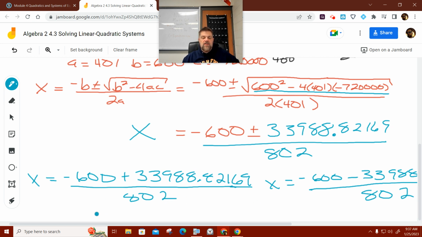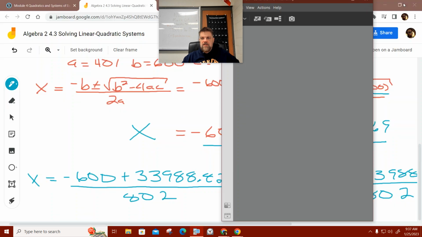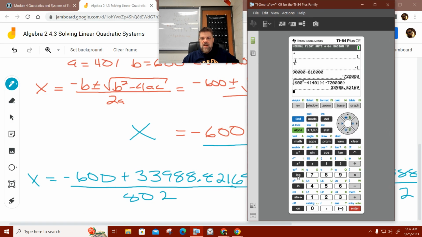I could do this in my calculator. Okay, so I'm going to do this one first. Oh, that's frustrating. All right, so I can do this whole thing in one step. I want it to be a decimal.